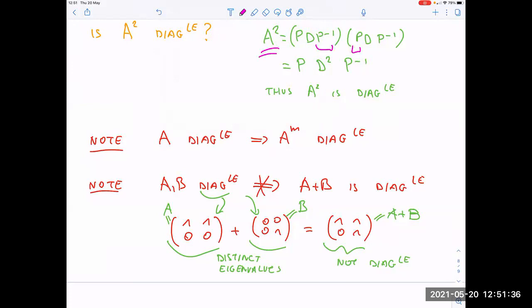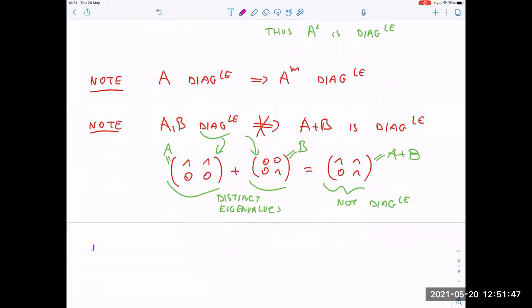So if you multiply A times B, maybe you use a different P. And so in general it is not going to be diagonalizable. So again, A and B diagonalizable, in general, does not imply that the product is diagonalizable.